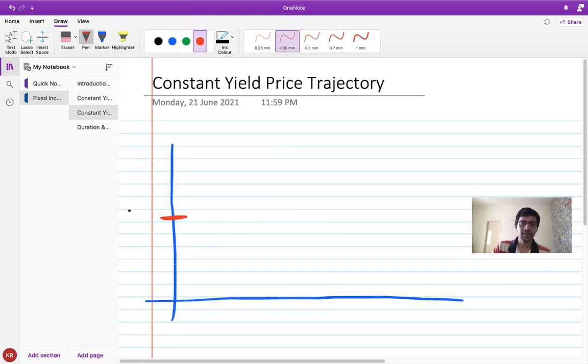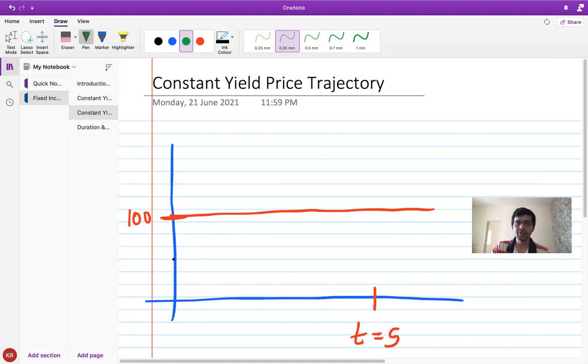Let's assume that this is the par value of $1,000, and this is t equal to 5. The intrinsic value for a discount bond at t equal to 0 is somewhere over here. This is the 928 figure. Okay, this was 1000, sorry. This is the 928 figure.